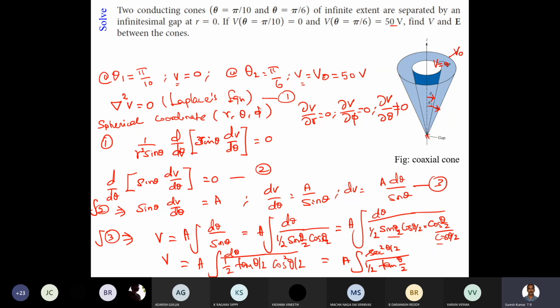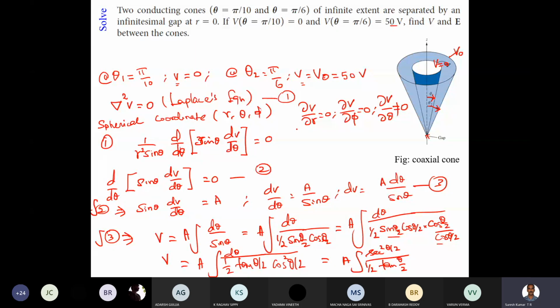So avoid such mathematics? You have to have at least this, because this topic will involve such equations. In the spherical coordinate system, the sine term will come. So once you have this solution, later you can directly replace the integral of d theta by sine theta. So v equals a secant square theta by 2 over half tan theta by 2, right?